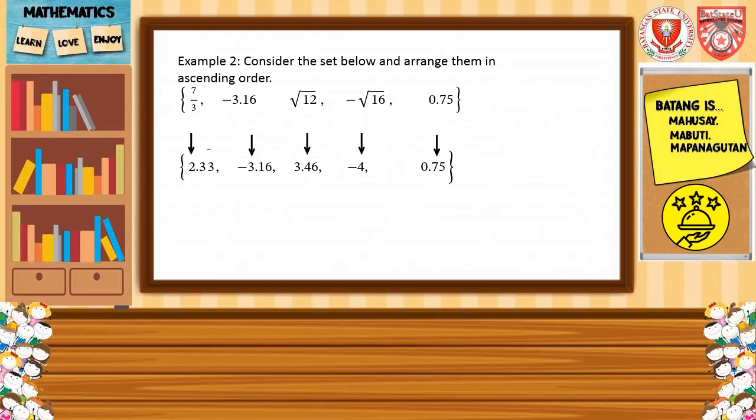Another example. Consider the set below and arrange them in ascending order: 7/3, -3.16, the square root of 12, negative the square root of 16, 0.75.